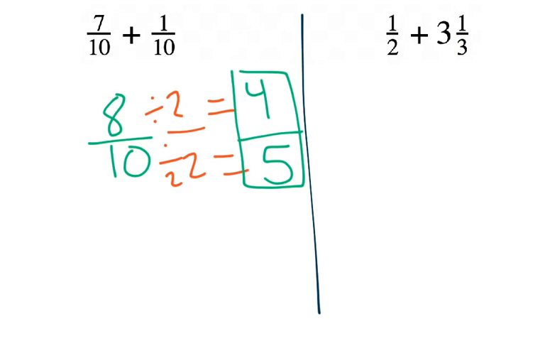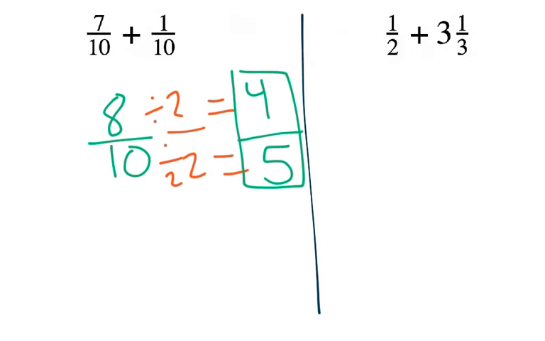We need to figure out how to make those be the same denominator. So I'm going to ask myself, what can I turn 2 and 3 into to make them have the same denominator? What can I multiply 2 by, and what can I multiply 3 by, to get the same number? Which sounds confusing, but basically you're just trying to find the same number by multiplying the denominators by something.